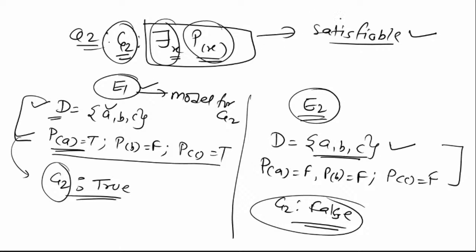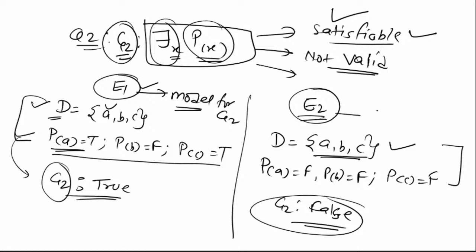So what can you say? You can say that G2 is satisfiable because we have at least one model. Also, G2 is not valid. Why is this not valid? Because validity says that every environment must be a model, but this environment E2 is not a model. Also, there exists a co-model.